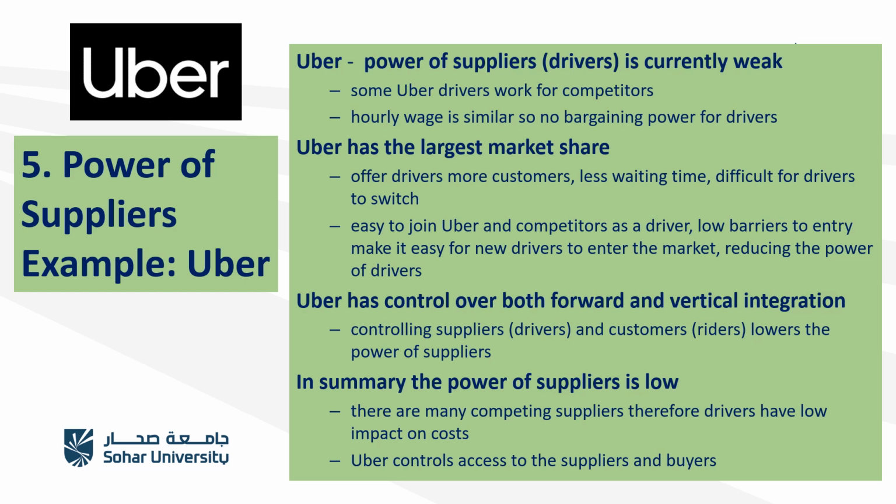They also work with other companies. Not just with Uber, they may also use their car as a taxi, and at the same time subscribe to the Uber application. Hourly wage is similar, so there is no bargaining power for drivers.